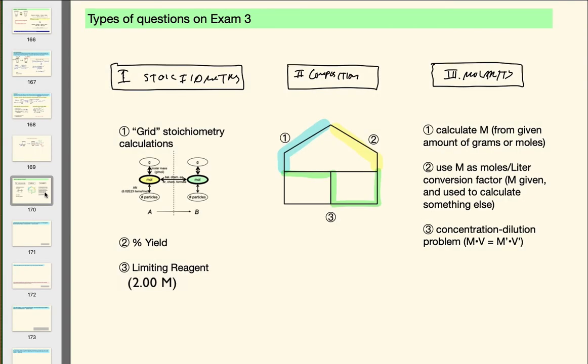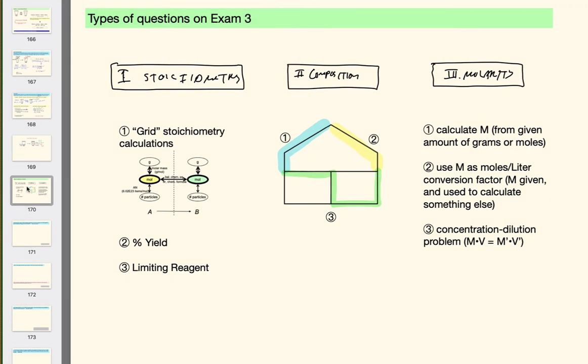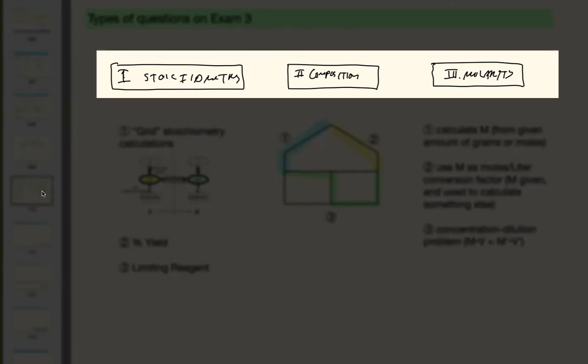Now, for those of you who've watched to the end of this video, I have a special insight for you with respect to exam 3, a little bit of a summary. If you look back at all the material that we've studied so far, there's been 3 general classes of questions. We had stoichiometry type of questions, we had composition type of questions, and we had molarity type of questions.